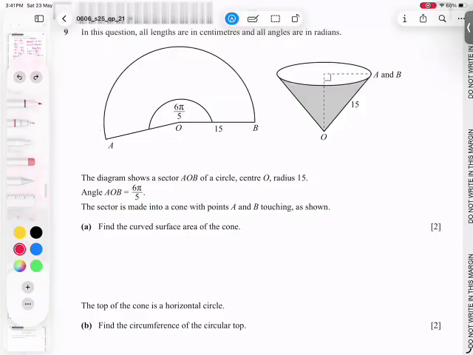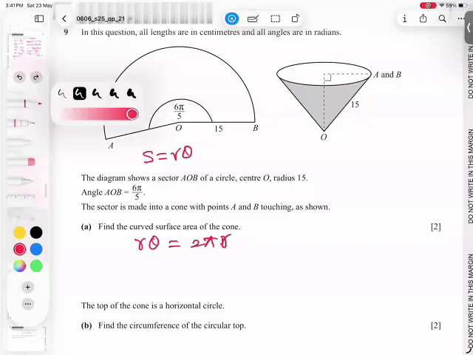That is only possible if we have a radius, but the problem is we don't have a radius. So what is the arc length formula? S is equal to r theta. So r theta I will take from here, and it is equal to 2 pi r. It is a different radius, that is why.